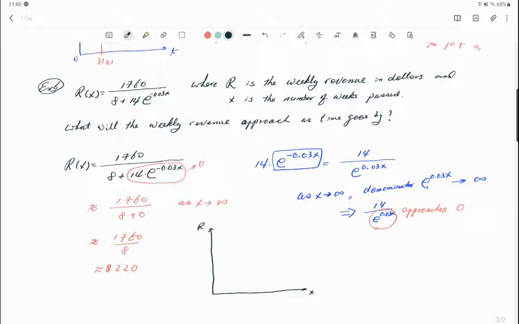So it will approach where? 220. Starting from a certain point, if x equals 0, it is some number, and as x increases, this one approaches this horizontal line, 220. Okay. Hope you get this. All right, then please do the exercise.